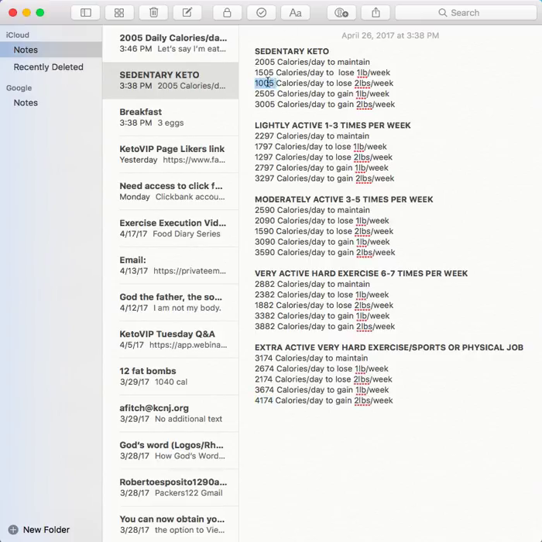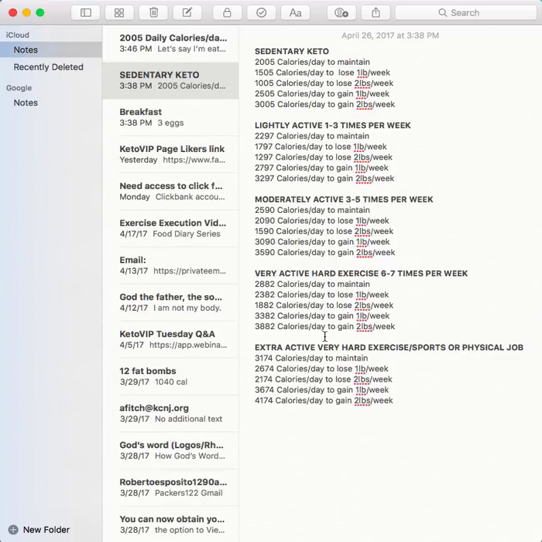The minimum, which is 1,005, all the way to the maximum of 4,174 calories a day to achieve the types of goals that I'm looking for and within the context of what I'm looking to do, right? Because it's not just the calories, it's the calories plus what you're doing. So again, it's not difficult to get this, but once you have it down, boy, is it helpful, right?